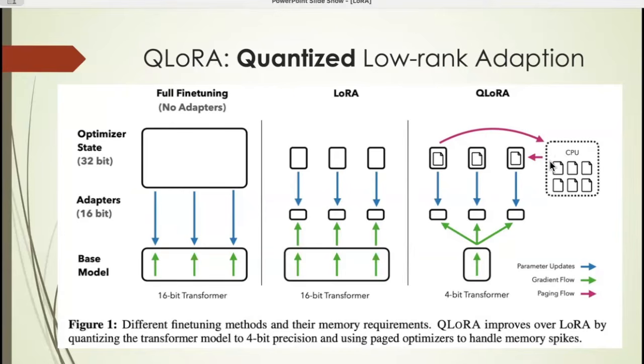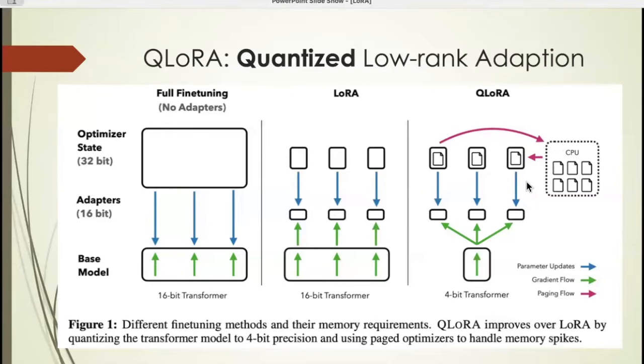And they also allow this paging between the GPU and CPU. For example, if your computer is almost out of memory, maybe the system is going to use some of your disk space to handle the memory outage. The GPU can also do the same. If your GPU memory is almost out, it's going to switch in and out with the CPU memory.